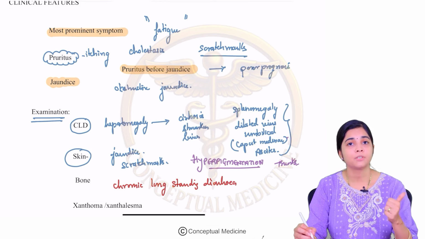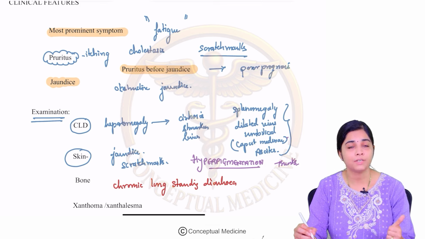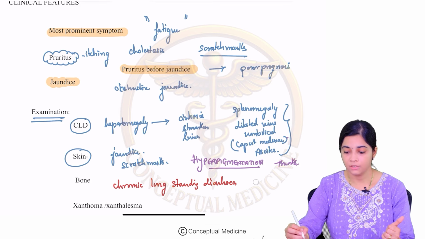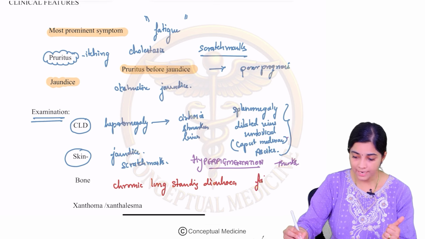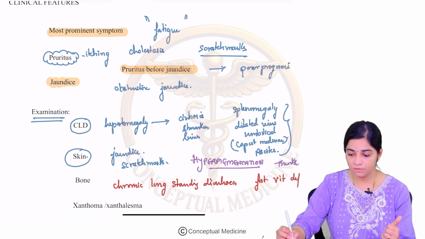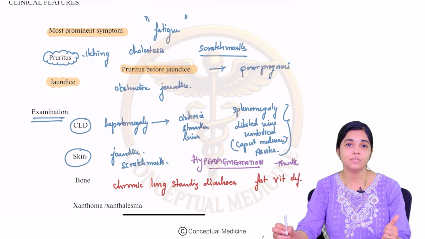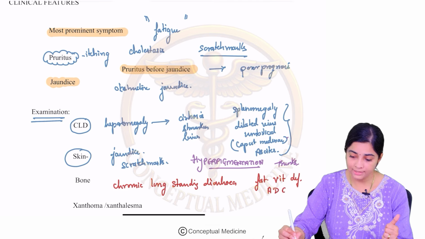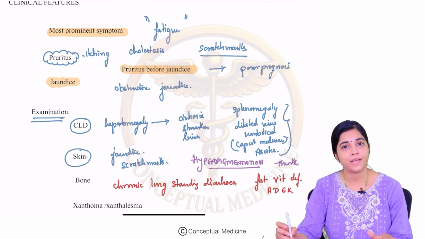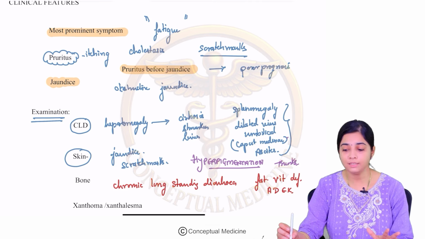Apart from that, because the lipids are not transported well, the fat-soluble vitamins will also not be transported. So you can also have fat-soluble vitamin deficiency. What are the fat-soluble vitamins? They are your A, D, E and K. Right? So you can have deficiencies of your fat-soluble vitamins A, D, E and K.